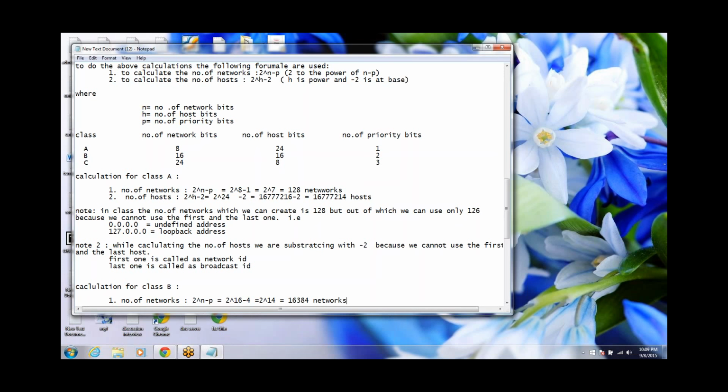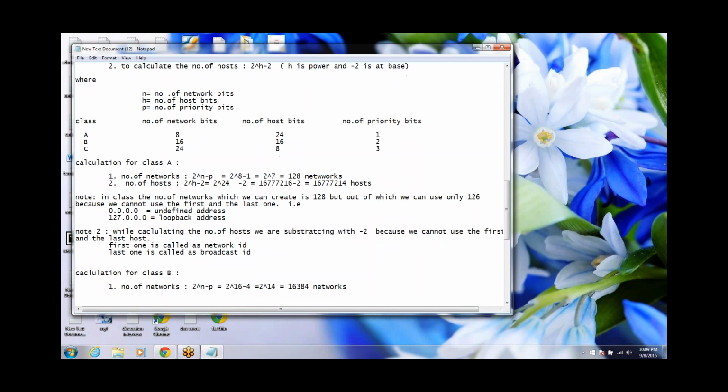16,384 networks here. And for one network, how many hosts can you connect here? Let us do the calculation here. The second one is the number of hosts. The number of hosts is 2 to the power of h minus 2. So what is the value of 2 to the power of h here? 2 to the power of 16 minus 2.